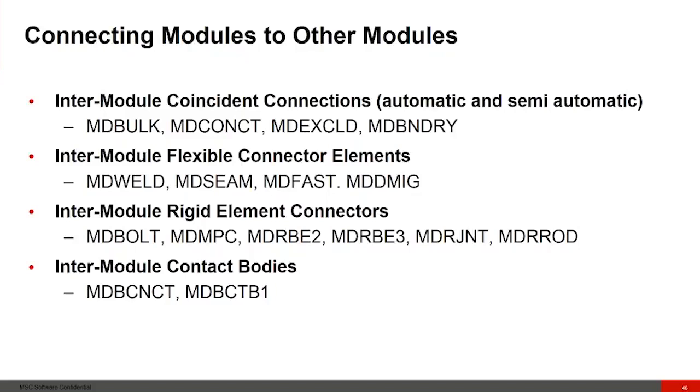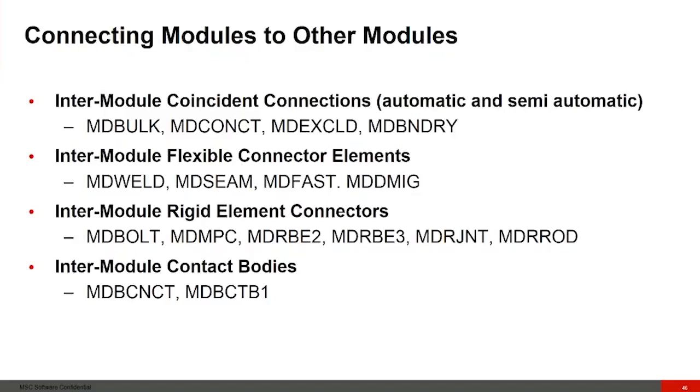This has several methods available, the automatic method, the semi-automatic, or the manual. If you want the automatic method, you have to define the auto entry in your MD bulk entry in your input file.